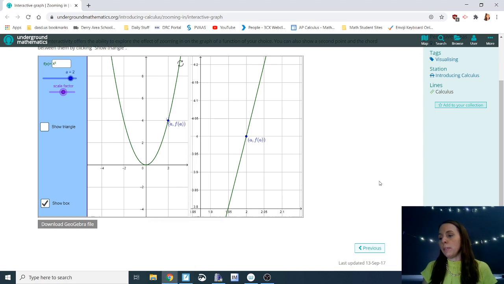This is one of my favorite activities that I usually do with my students, because they can very easily zoom in, they can see it, and what I tell them eventually is that what they're looking at is what the tangent line would look like for this point on the graph of y equals x squared.